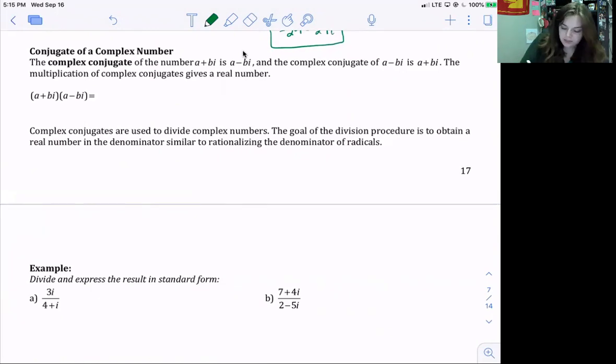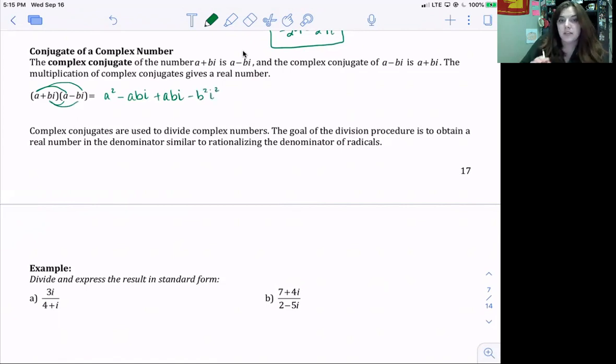So if we do this, we have a times a, which is a squared. a times negative bi gives us negative abi. bi times a is a positive abi. And then bi times negative bi is a negative b squared i squared.